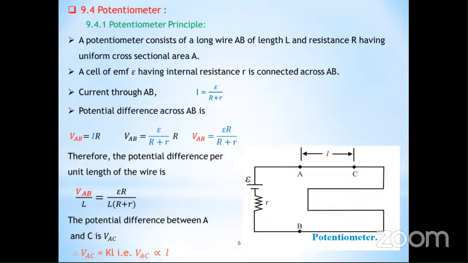In this way, the potential difference between 2 points on the wire is directly proportional to the length of the wire between them, provided the wire is of uniform cross-section, the current through the wire is the same, and the temperature of the wire remains constant.